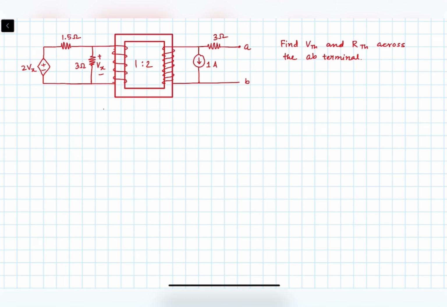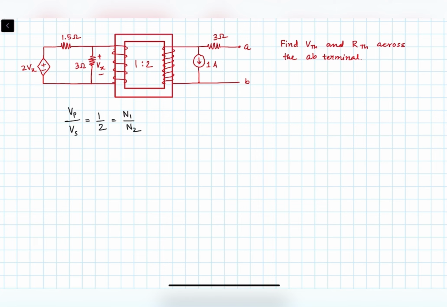So obviously, let's write VP, P for primary and S for secondary. So VP upon VS will be 1/2. Alright. So in this case, you can also write this is equal to N1 by N2. This N1 is the number of turns in the primary side, and N2 in the secondary side.